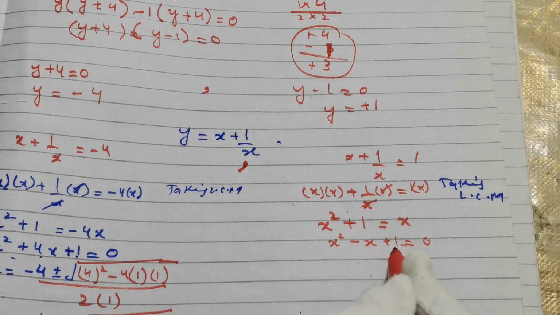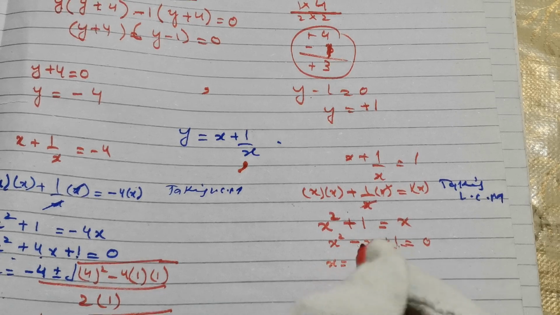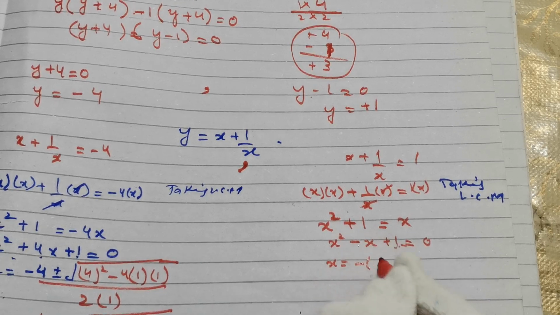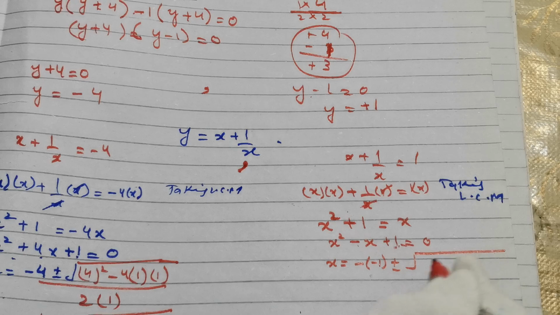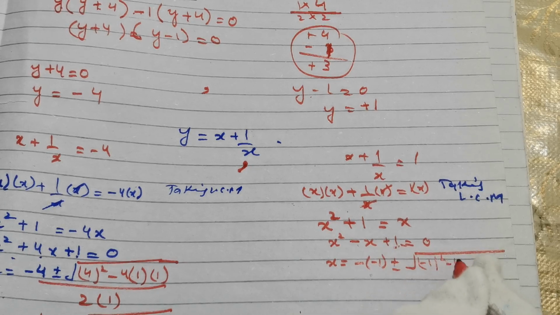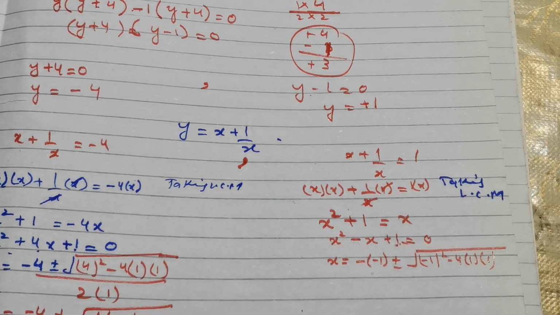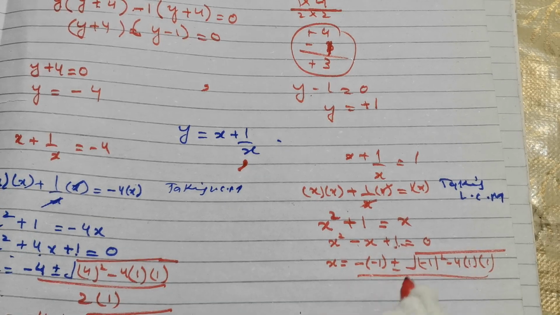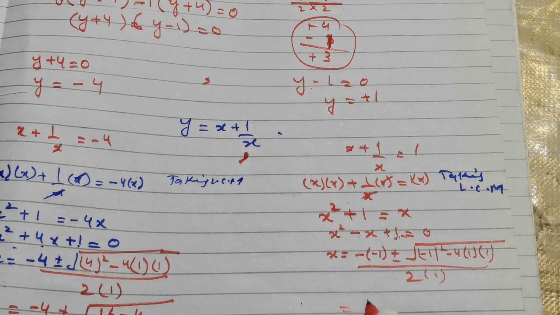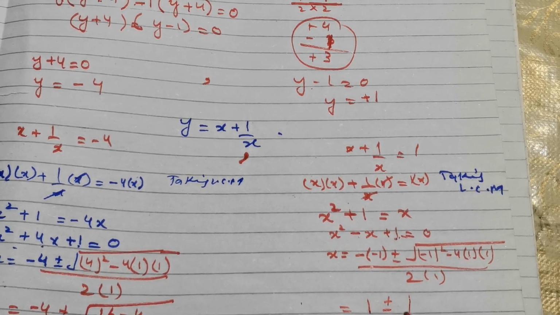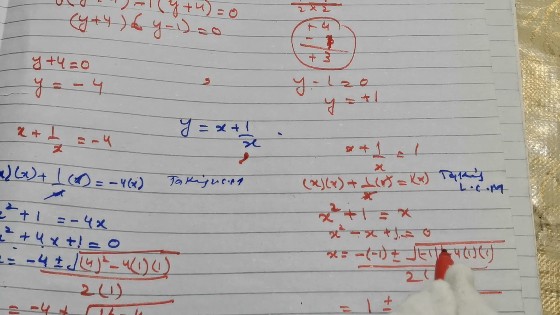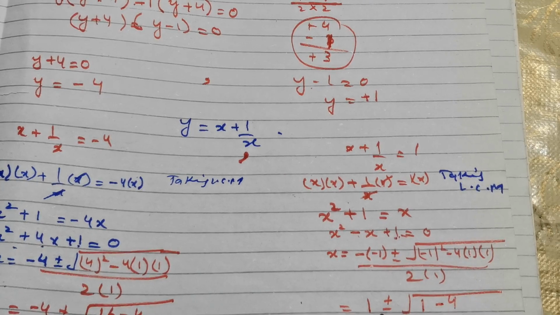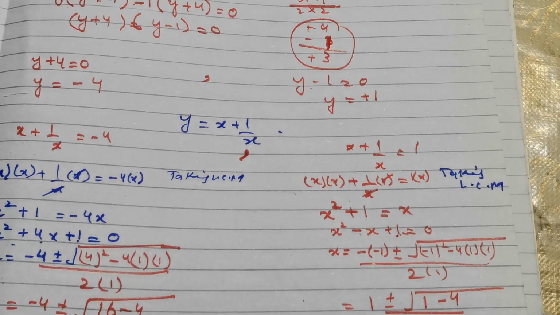Now there is no factor of 1 which makes minus 1, so we'll use the quadratic formula. X is equal to minus b, which is minus 1, plus minus under root b square, minus 1 square, minus 4, a is 1, c is 1, divided by 2 into a, which is 1. Now positive 1 plus minus under root minus 1 square becomes 1 minus 4, divided by 2. 1 plus minus under root minus 3 divided by 2.